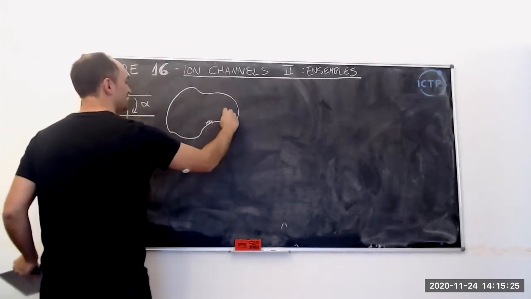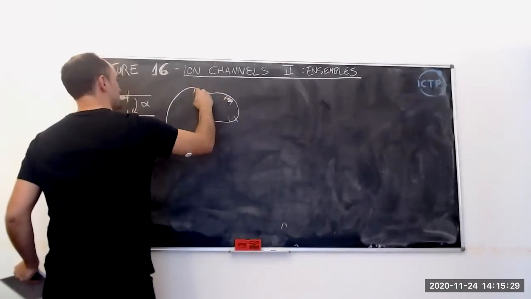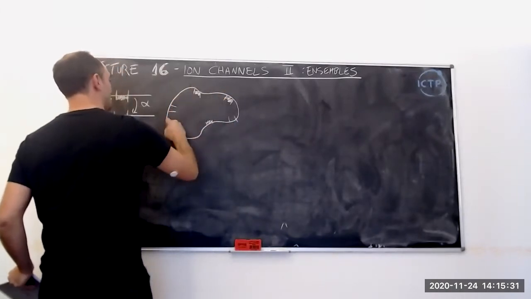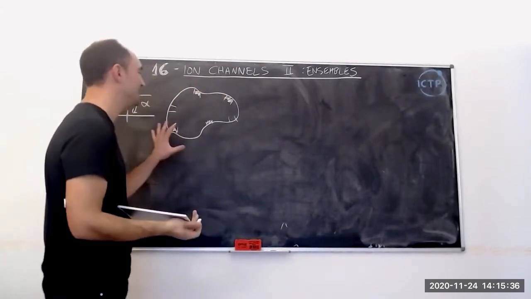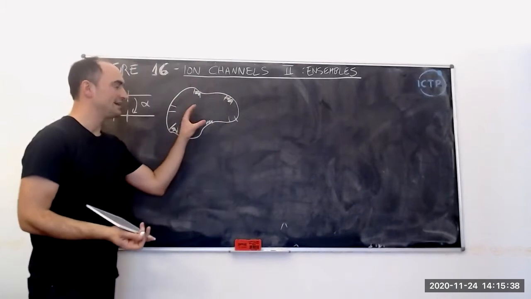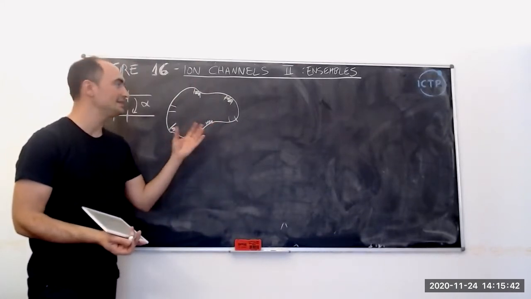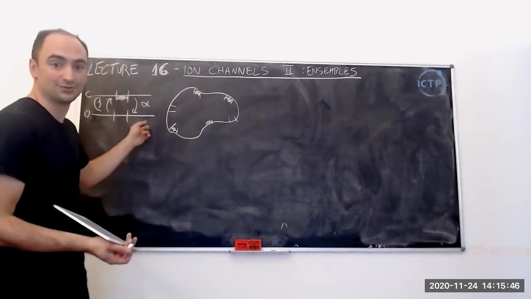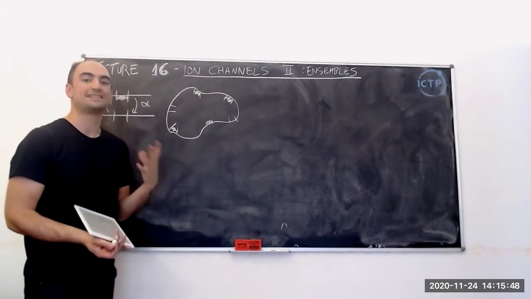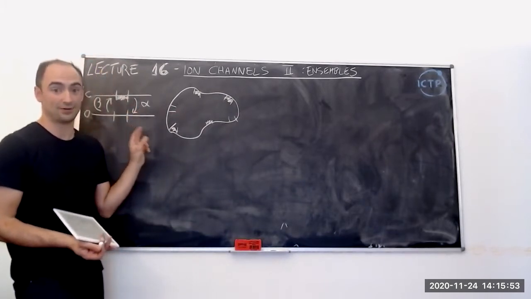Some of them will be open, some of them will be closed, etc. We can think of this model, which I will explain later, as a case of n ion channels. So the number of ion channels is finite. And these are like gates that open and close in the same way this one did. So this will be an ensemble of n two-level systems like the one I was explaining in the previous lecture.